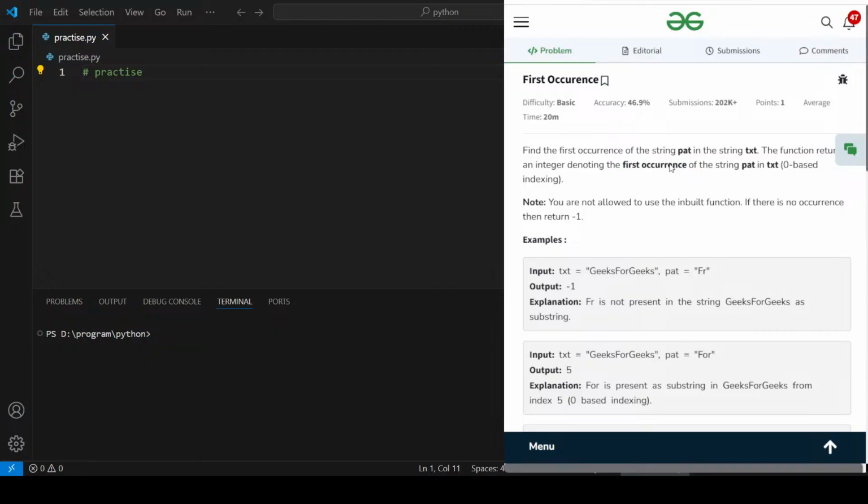Let me try to solve this with built-in functions first and then try to solve it the other way.